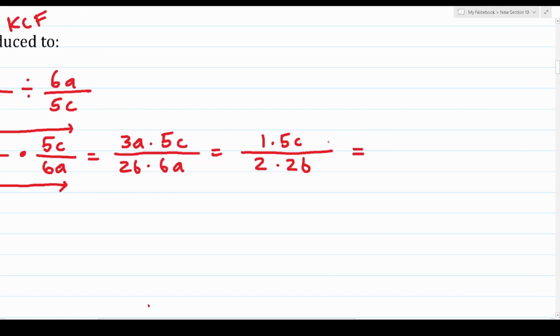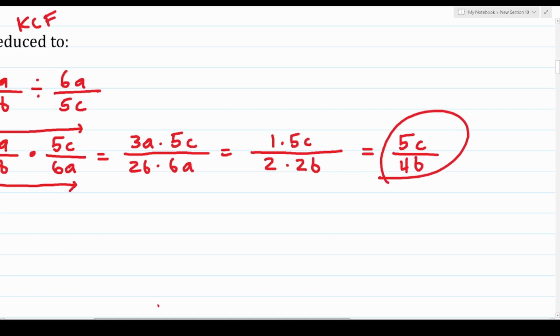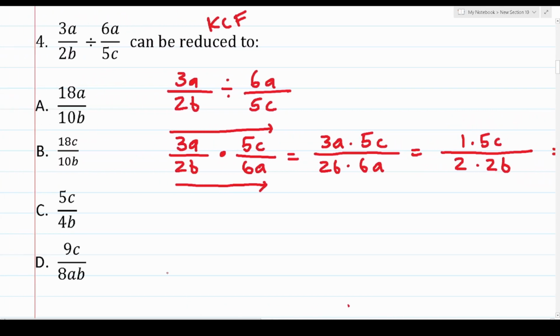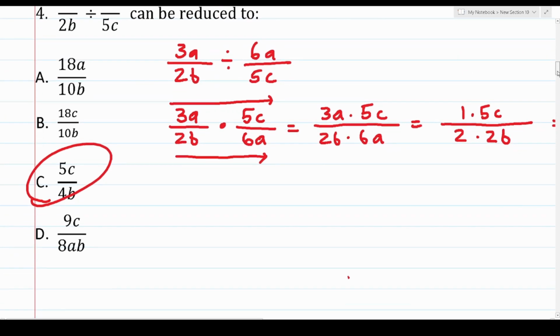Anything times 1 is itself, so 1 times 5c is just 5c, whereas 2 times 2b is 4b. So this algebraic fraction reduces to 5c over 4b, which we can see is letter choice C. Okay, so that's that one.